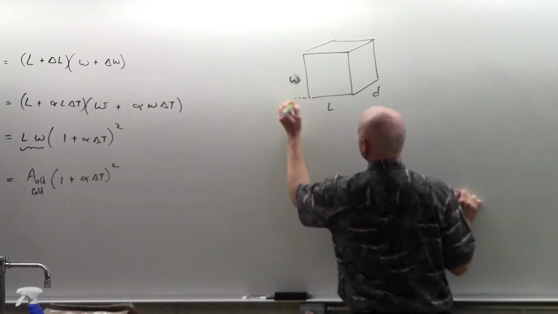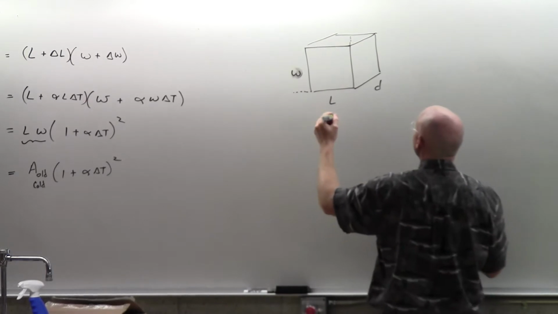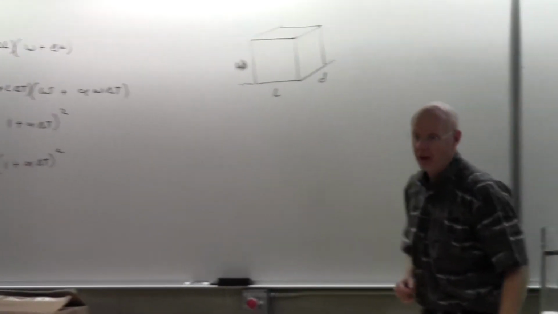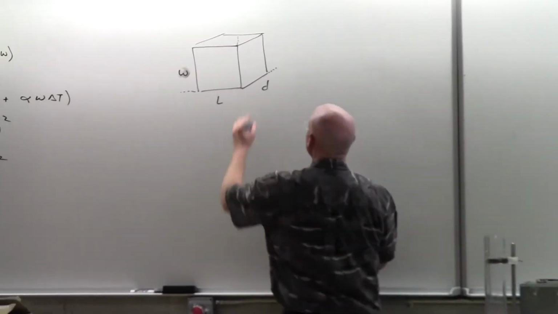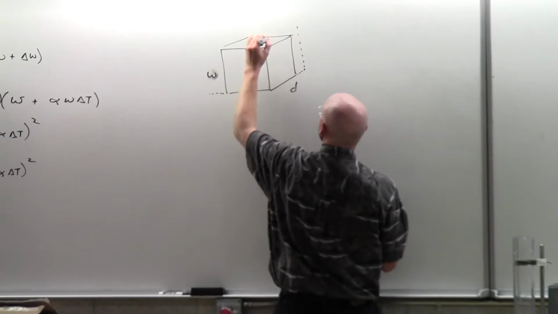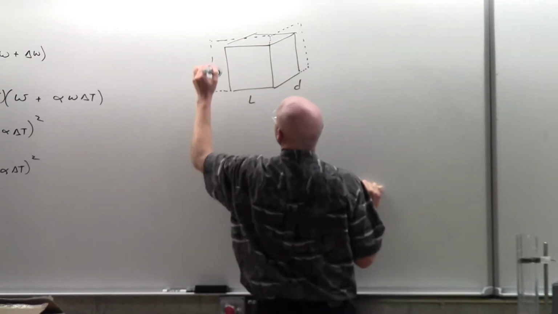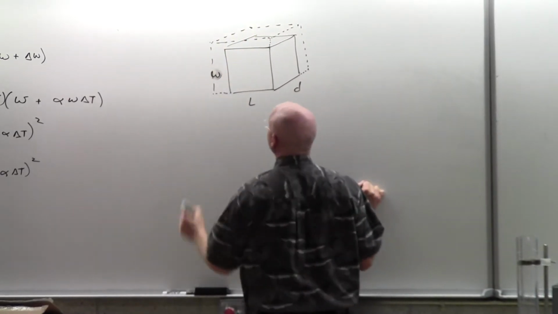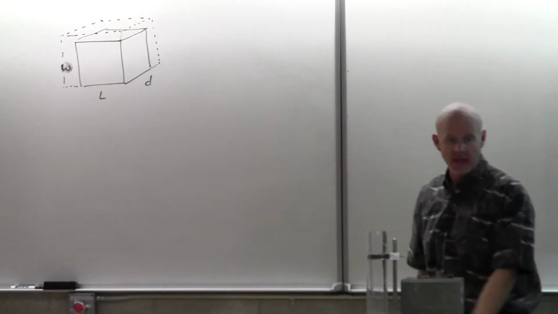It's going to get longer in its length, it's going to get taller in its height or its width, and it's going to get deeper in its depth. And so all three dimensions grow here. And so the new box is going to be bigger. It's going to be taller and wider and deeper as I get there.